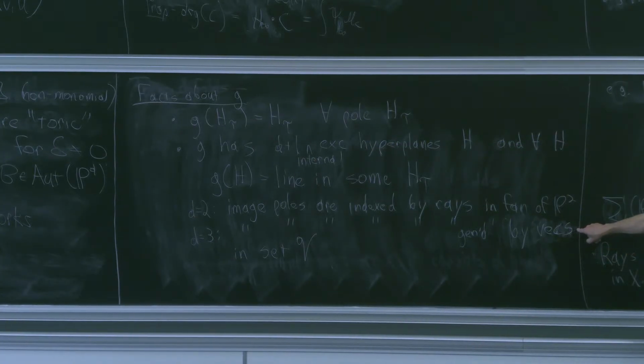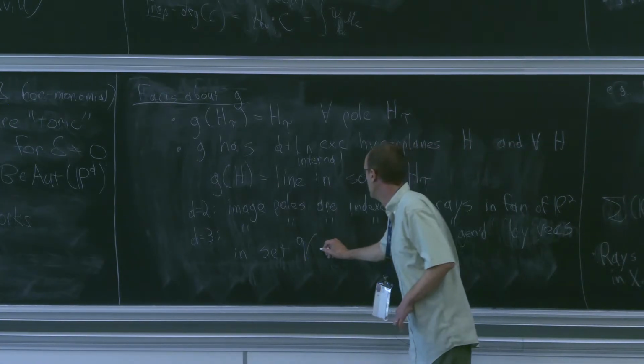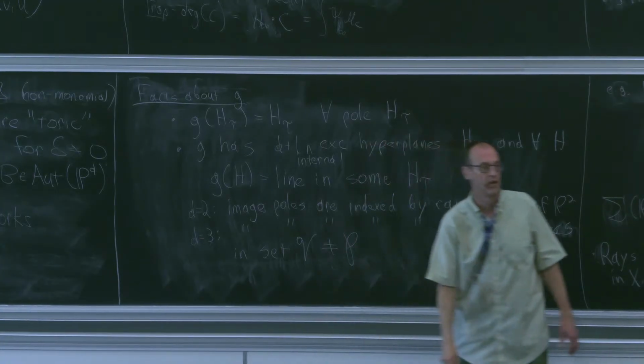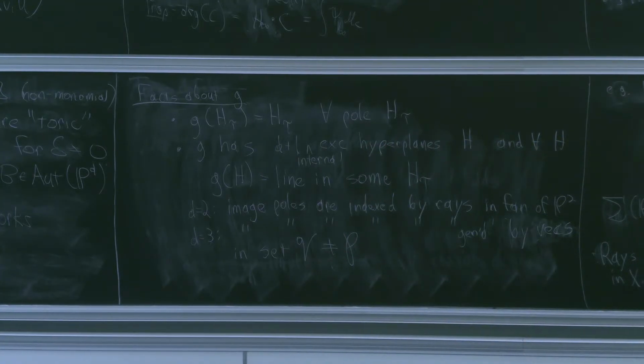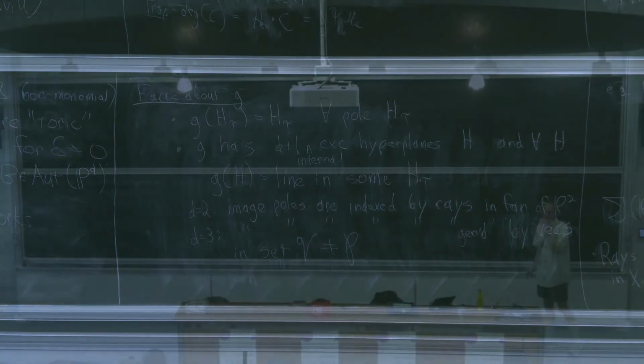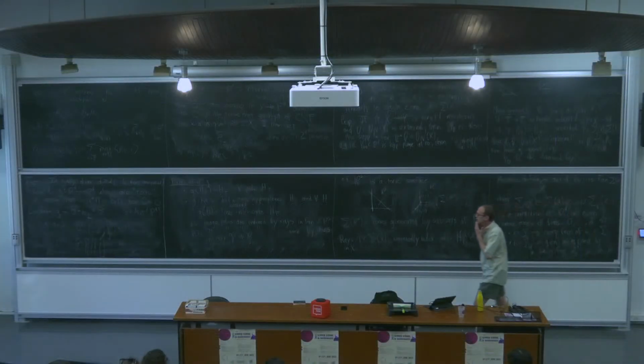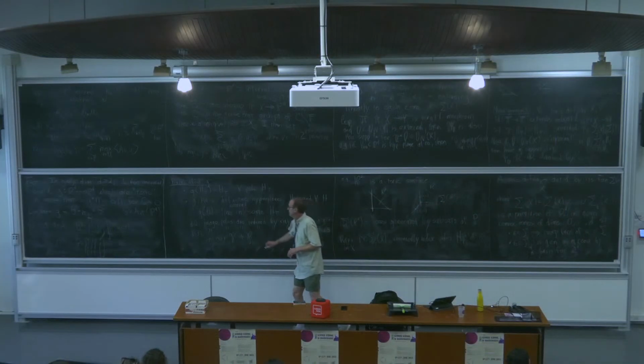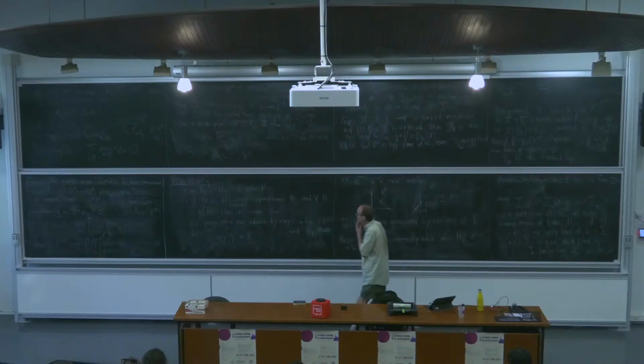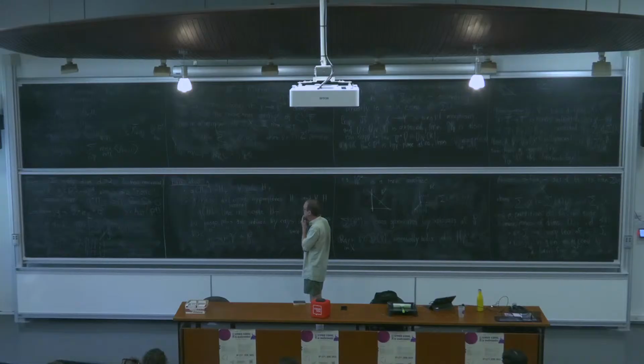When d equals 3, the image poles have rays generated by vectors in some set V. I'm not going to write V down. It's just not P anymore. So the image poles are no longer the poles in P^3 here. Okay. I want to say more than this.